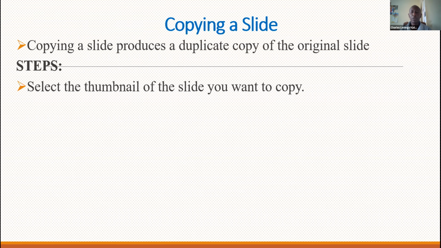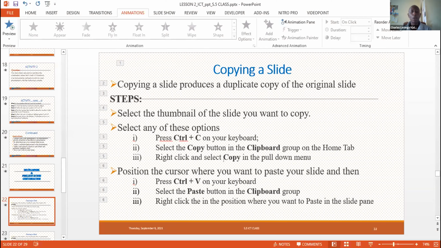And we are going to do this practically. We first of all select the thumbnail of the slide that we want to copy. When I talk about the thumbnail, there is a slide pane which we need to know. This section here is our slide pane, or we can as well call it the slide tab.